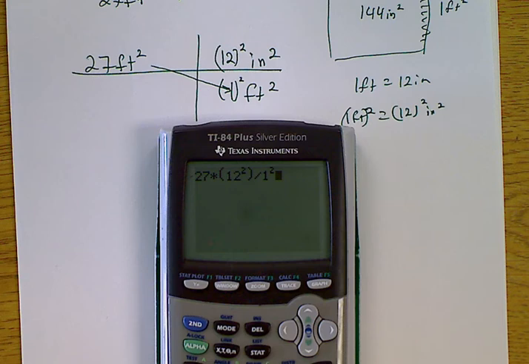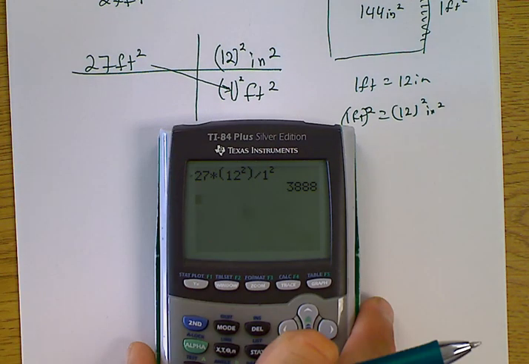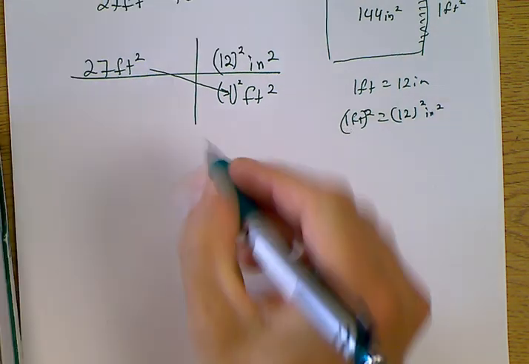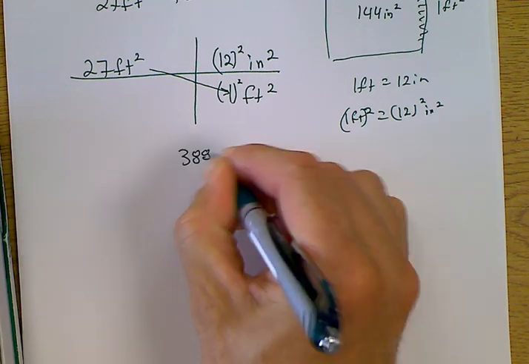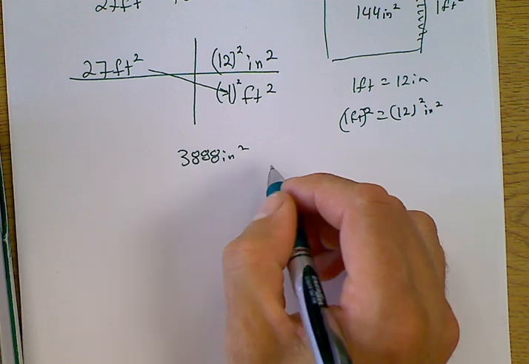I'm just showing you because you always multiply the top line and divide by the bottom line. And then my answer is 3,888. So the answer is 3,888 inches squared. So that's my answer right there.